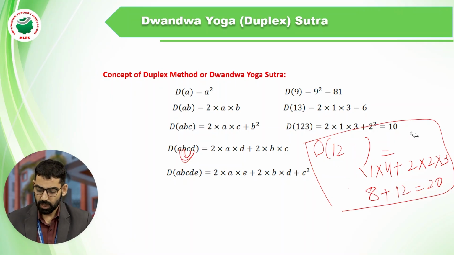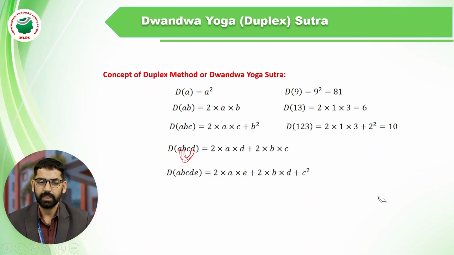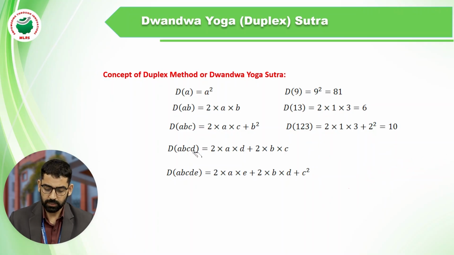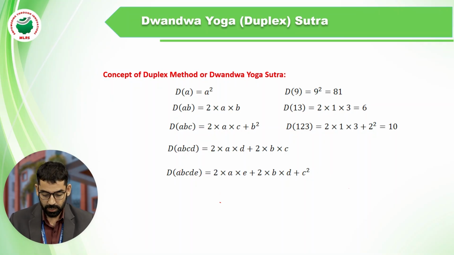Now if a 5-digit number, or a 6-digit or 7-digit number is given, by this way we can calculate the duplex of the numbers. For example, we have taken a 5-digit number, A B C D E. We take the pairs A and E, the first and the last, then the second pair B and D, and then we are left with a single digit.